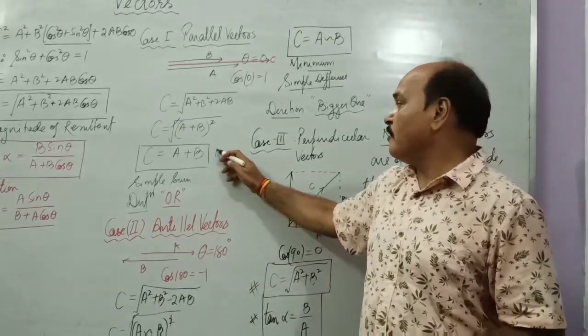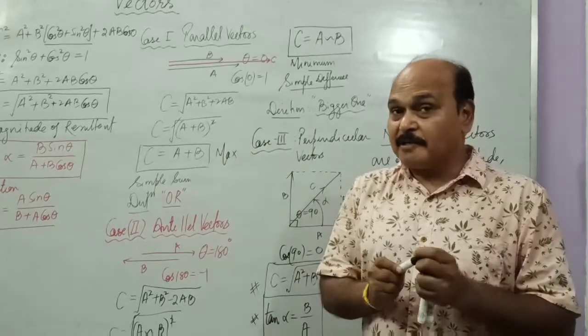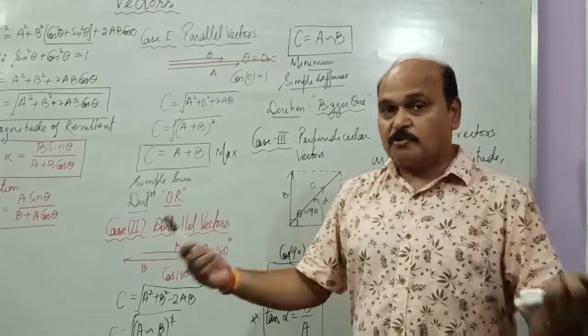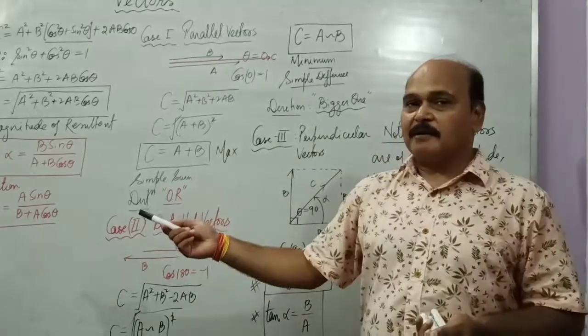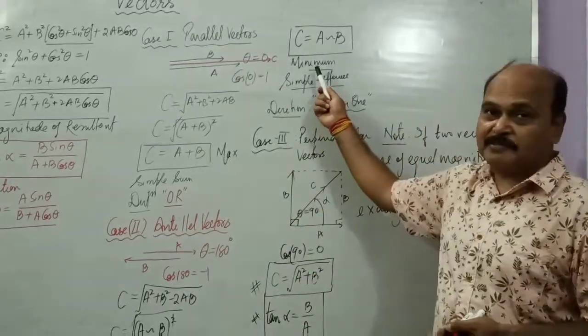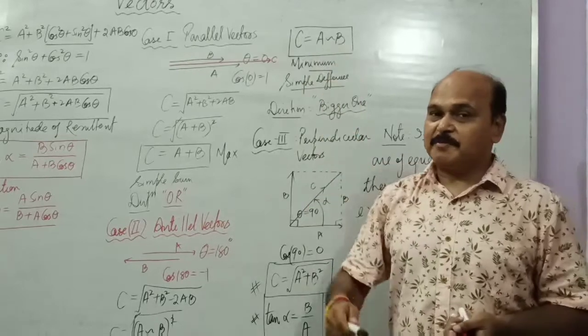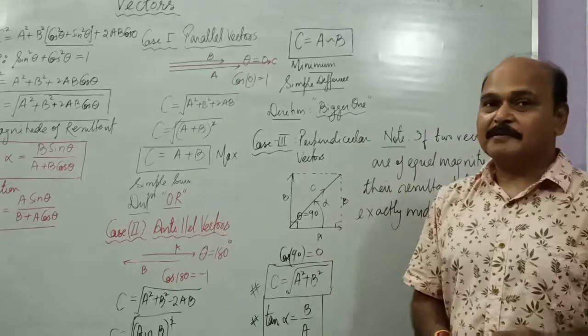And this is also the maximum value of the sum of two vectors. And the direction of resultant is that of either of the two vectors. Case 2. If vectors are antiparallel, their vector sum is what? Simple difference. And in this case, the vector sum is minimum. And the direction of the resultant is that of the bigger one.